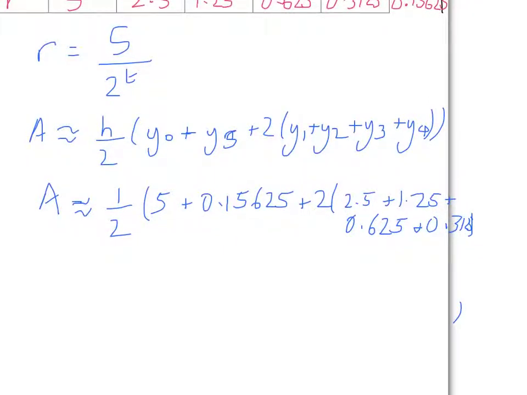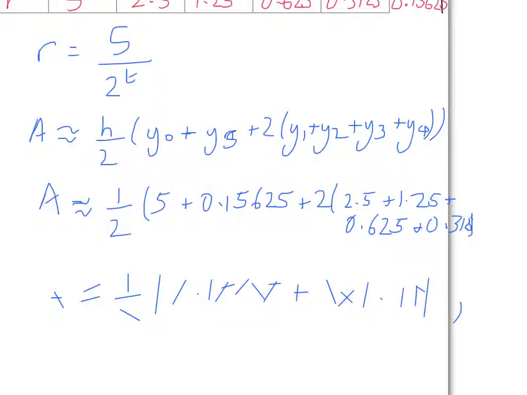The next thing is to tidy this all up a bit. If you add together the 5 and the 0.15625, you get 5.15625, plus, if you do the other bits, you get 2 times 3.90625.